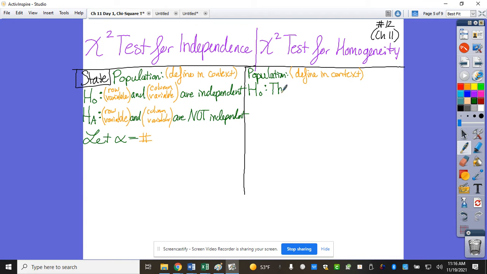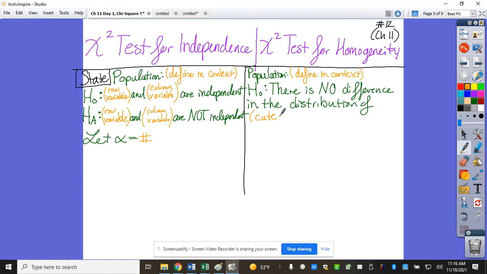So there is no difference in the distribution of whatever categorical variable we're dealing with.